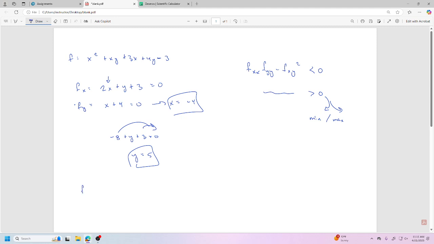So let's do some more math. f_xx is 2, f_yy is 0, f_xy is 1. And so then we got 2 times 0 minus 1 squared. 2 minus 1 is 1, it's positive, greater than 0. So does that mean it's a min or a max?